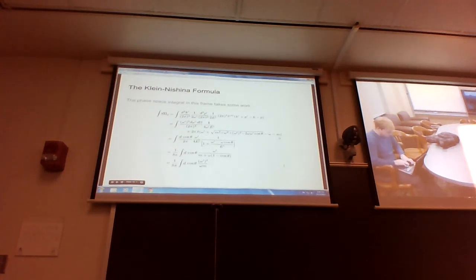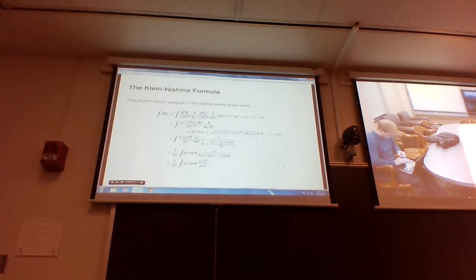And so this is where you want to use that famous formula for the delta function, because you want to evaluate this integral over omega prime. And you see omega prime is in three places here.